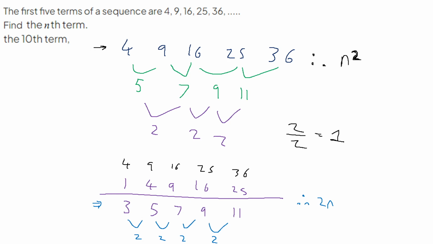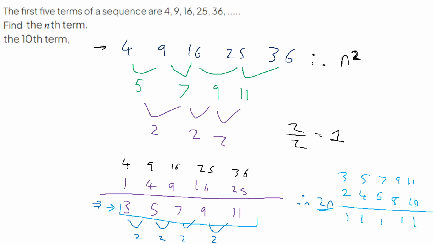We're going to subtract this 2n from this, because this is now the sequence that we're looking for. So let's rewrite it. We got 3, 5, 7, 9, and 11. And also we got 2, 4, 6, 8, and 10. And we're left with 1, 1, 1, 1, 1.